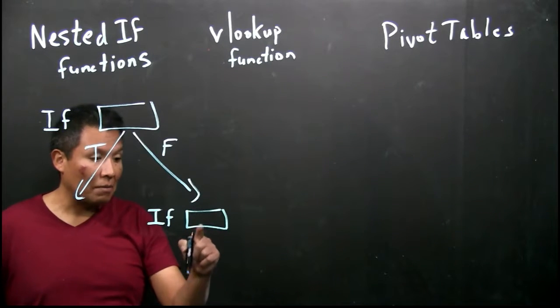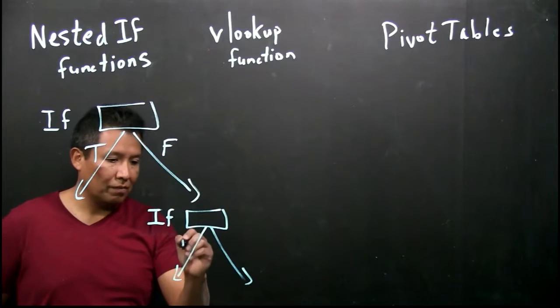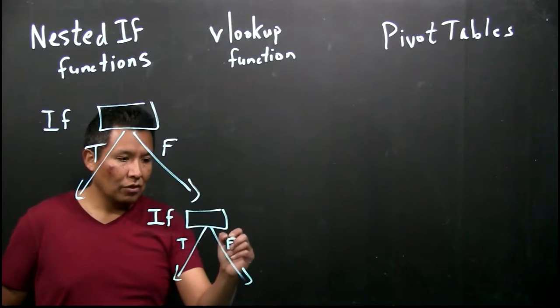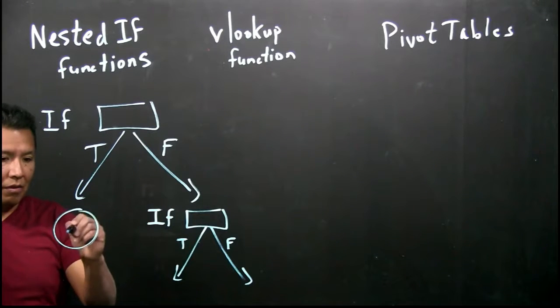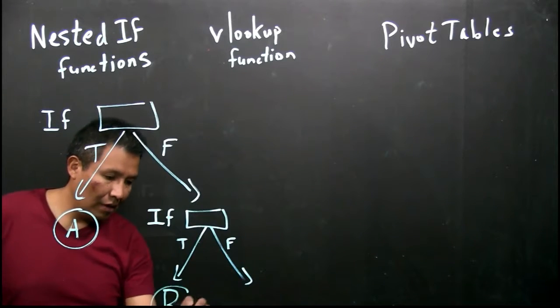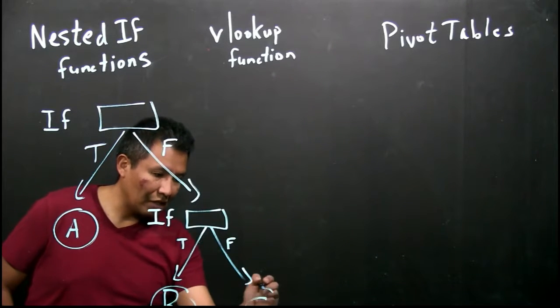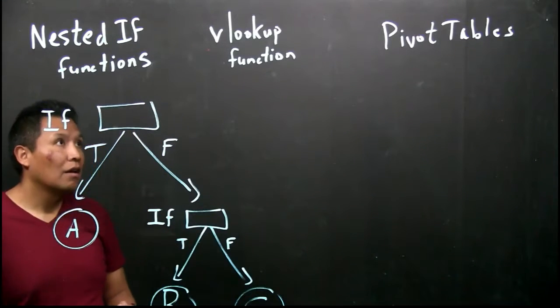And this nested if statement can also have a value of true or false. So now we have one possible outcome here, a second possible outcome here, and a third possible outcome here to add complexity to your spreadsheet.